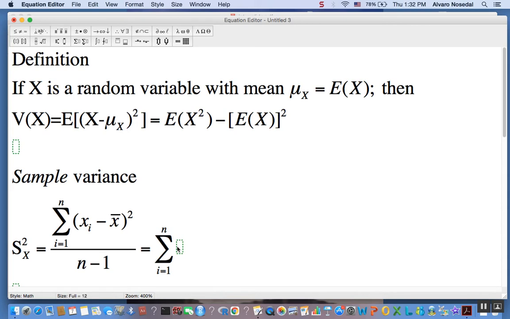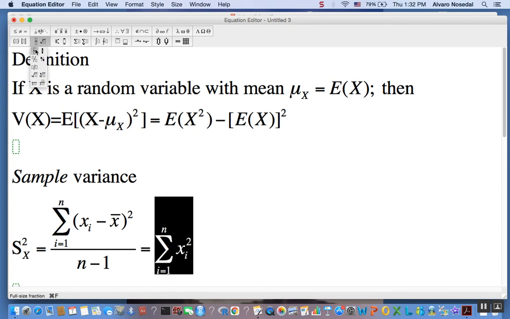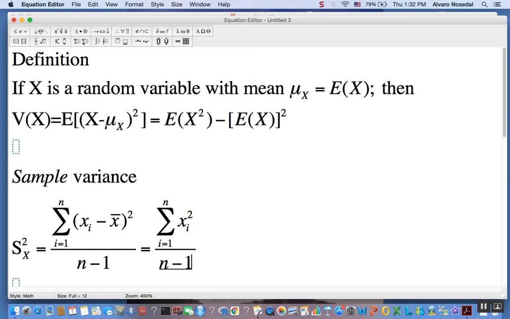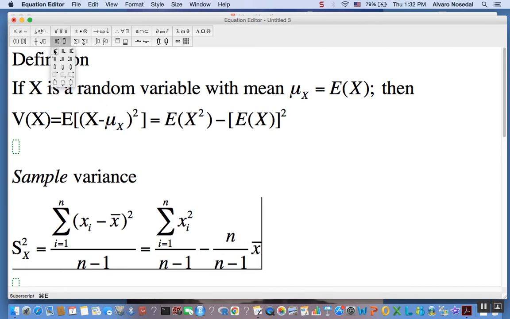We have the sum of x i squared divided by n minus 1, then minus n divided by n minus 1 times x bar squared.